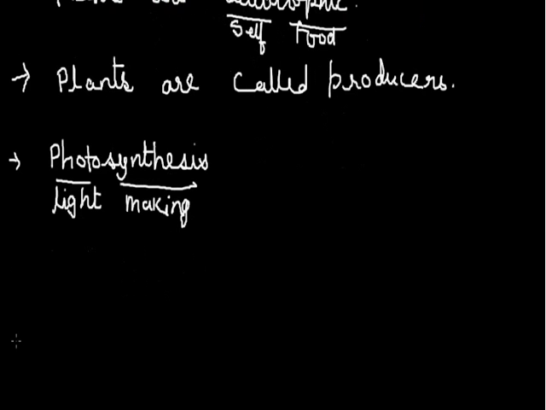Now let's see what are the requirements and what things plants use for doing this. The first thing that plants require is sunlight.